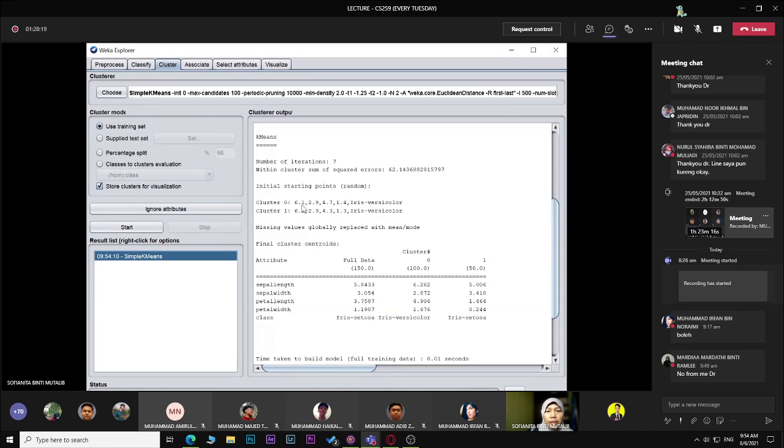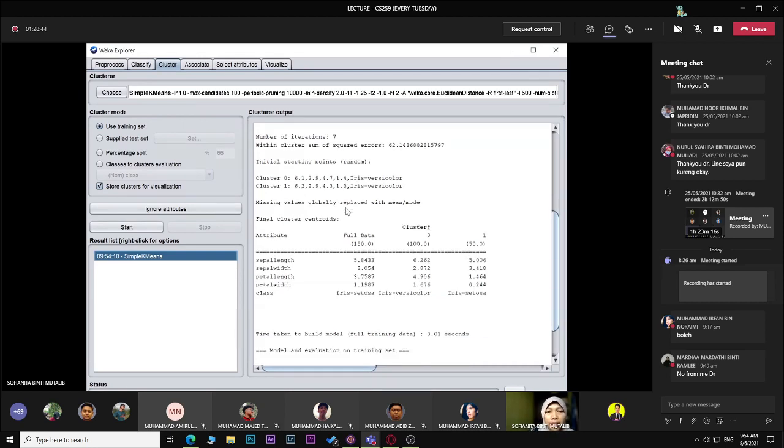Okay, cluster 0, this is the centroid. So we have 1, 2, 3, 4 attributes, and this is the mean, the average of the clusters for each attribute, the average value of each of the variables.